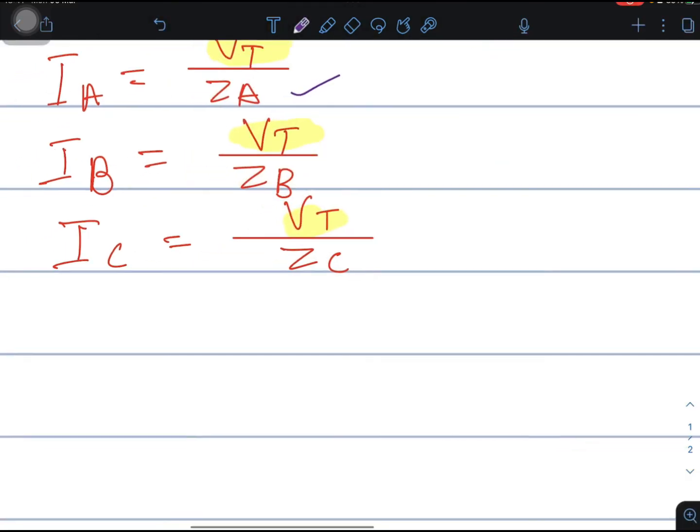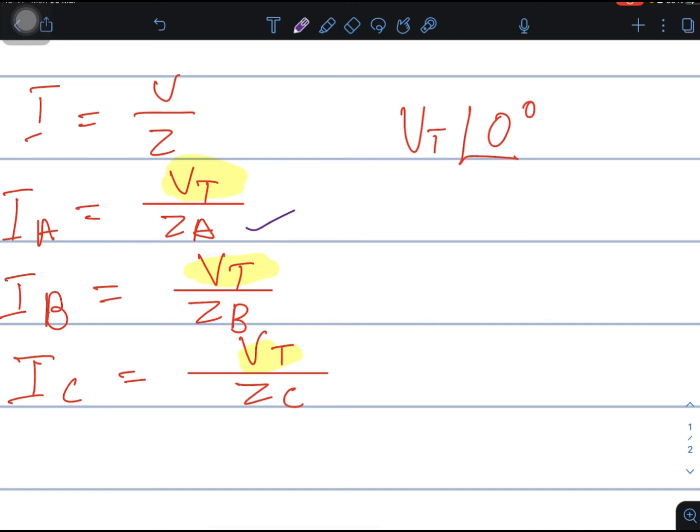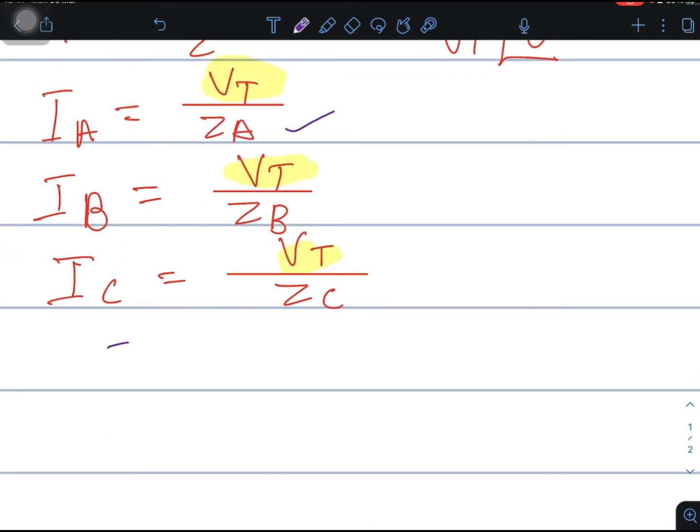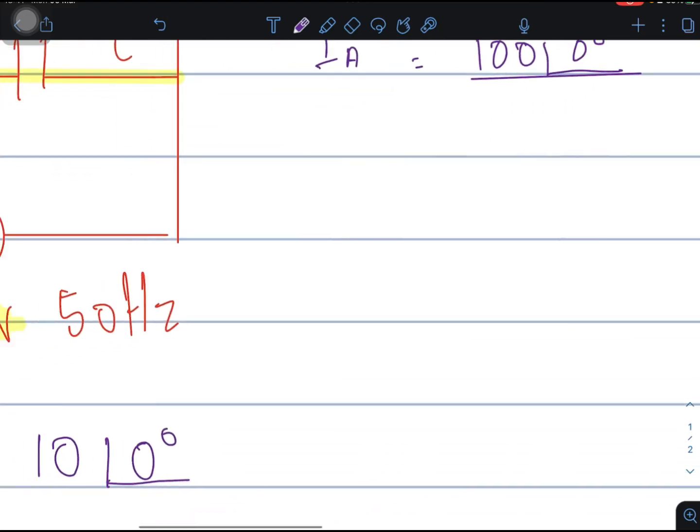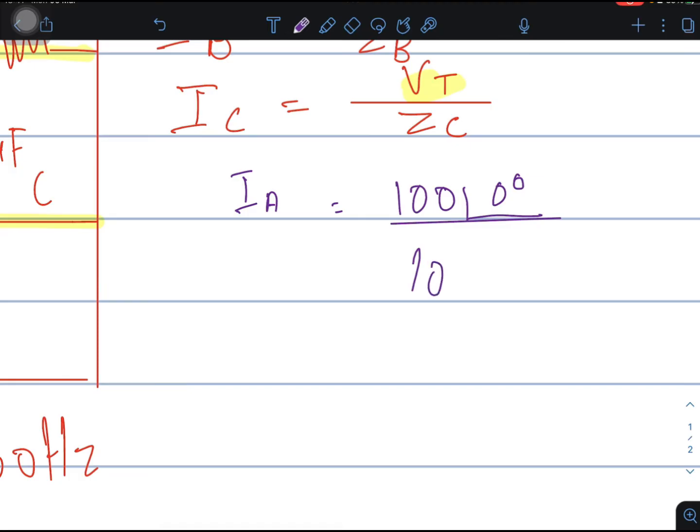IA is VT over ZA. So IA is equal to 100. Take note, you always take a voltage source as a reference, hence I'm putting 0 degrees over 0 degrees. Then ZA is 10 at 0 degrees. So IA is equal to 10 at angle 0 degrees amps.